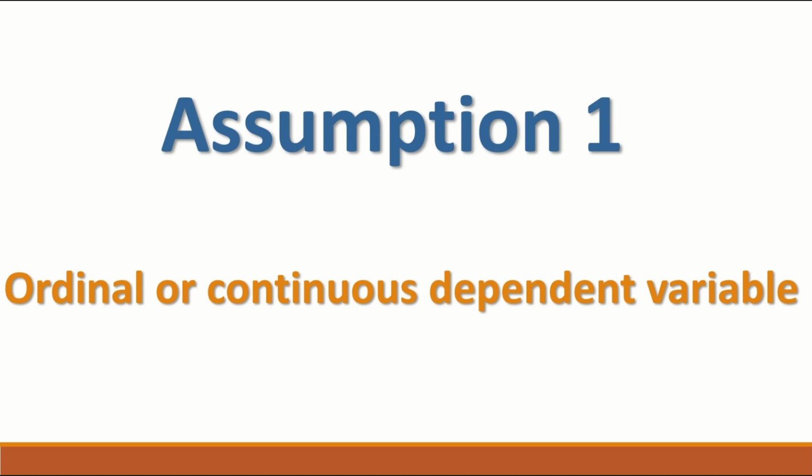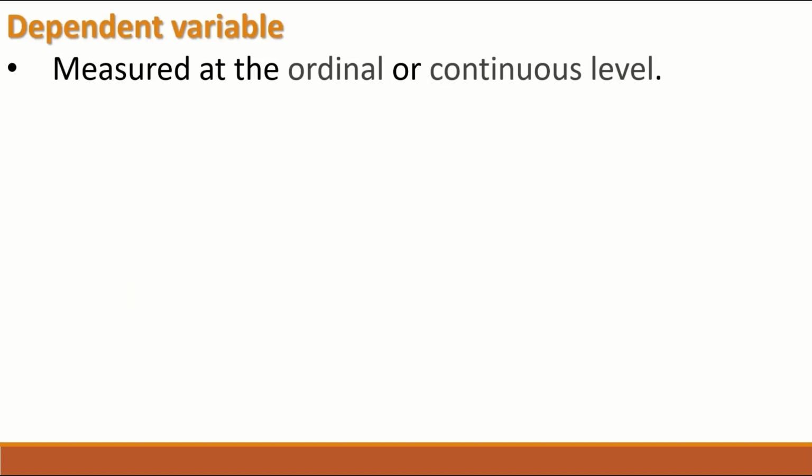The first assumption is that the dependent variable, or data, or the response or the outcome, has to be continuous or ordinal. So the dependent variable is measured at an ordinal or continuous level. An ordinal variable is a variable that is categorical but with order in it, such as a 5-point Likert scale. A continuous variable with scores in it can be in a format of ratio or intervals.